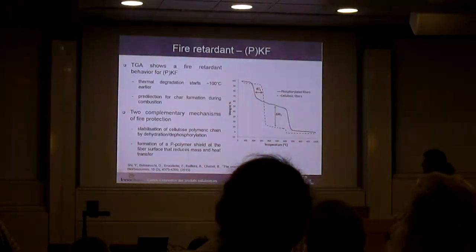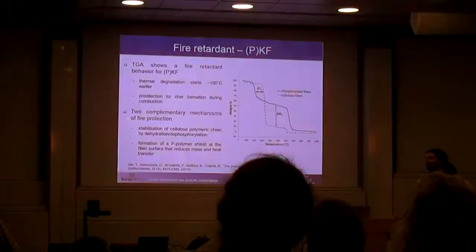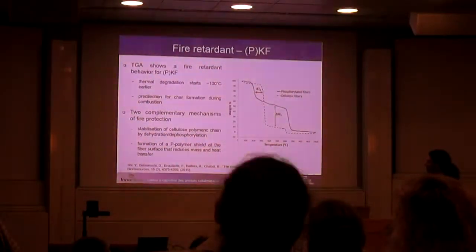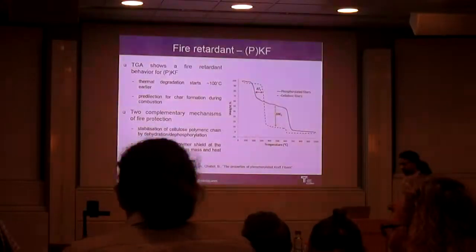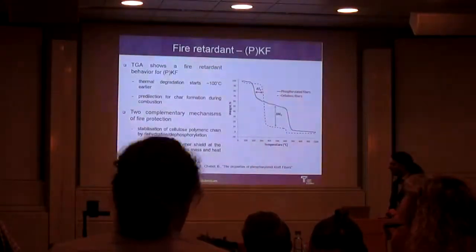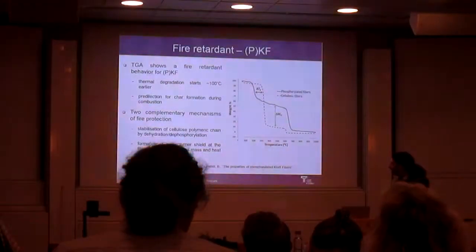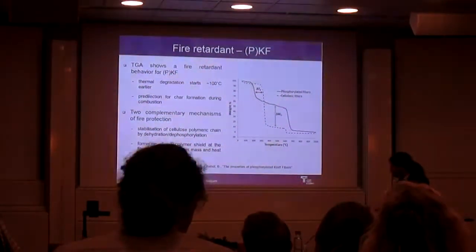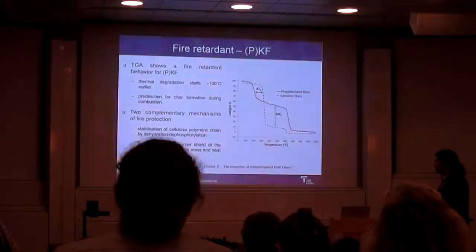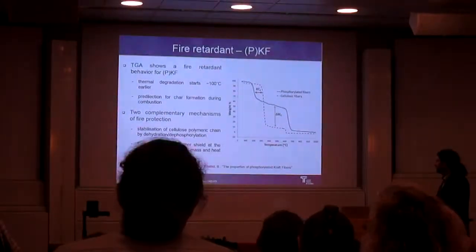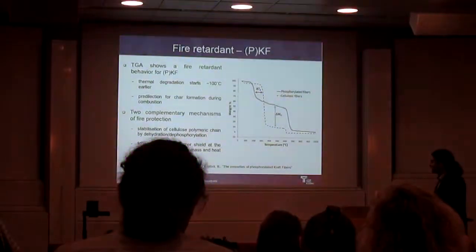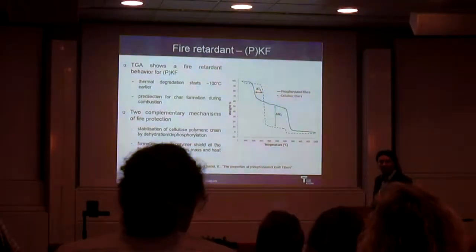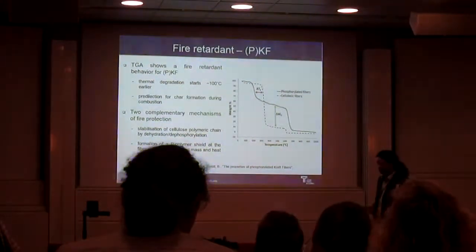This is a chemical mechanism of protection. We have also a complementary mechanism, which is the formation of a phosphorus polymer shield at the surface of the fiber, which will reduce, as a consequence, the mass and heat transfer, and will retard the action of the flame.